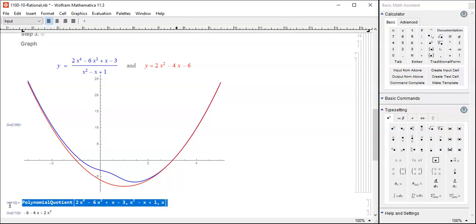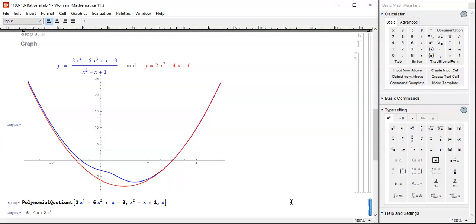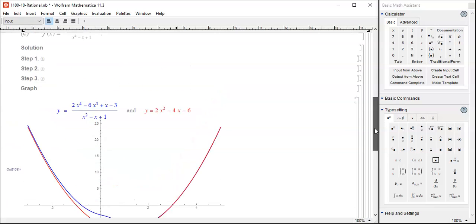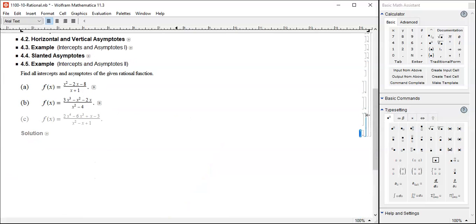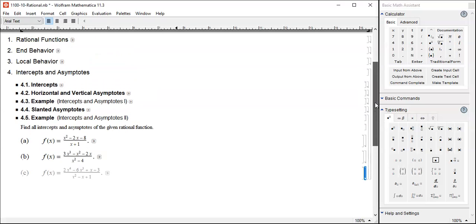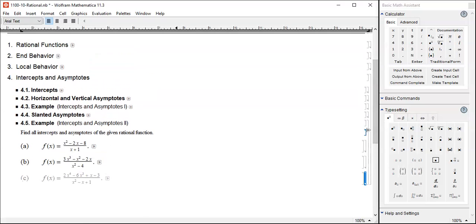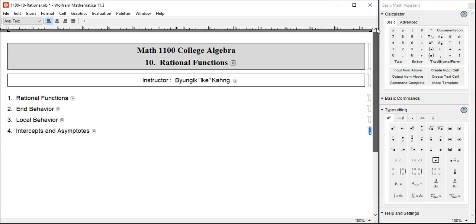Maybe it's a good idea to remember this mathematical command so that you can use it for Wolfram Alpha or something like that. Okay, that's enough for me as far as curved asymptote is concerned. I'm not going to write any exam problem here, but it's a nice thing to know, so I just mentioned it in class time. That's about it.